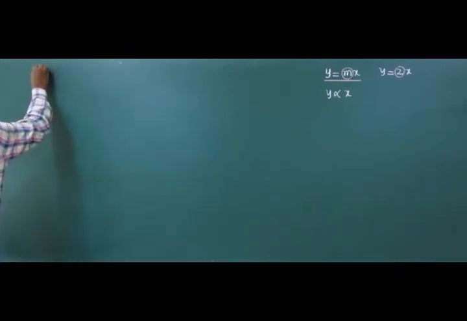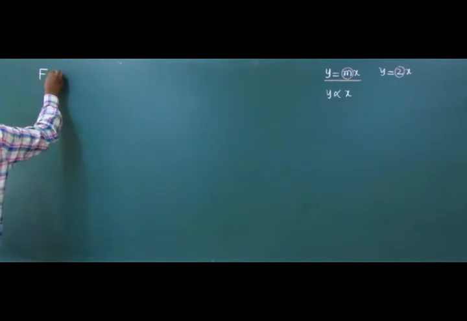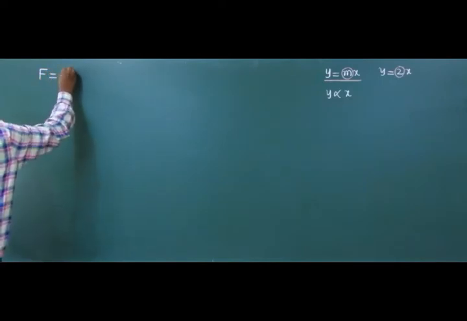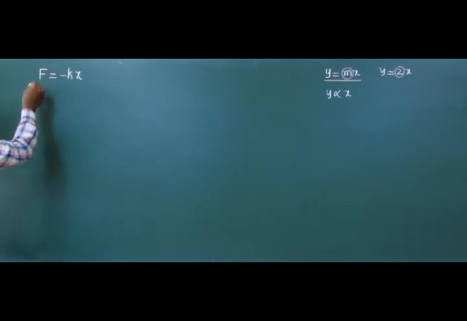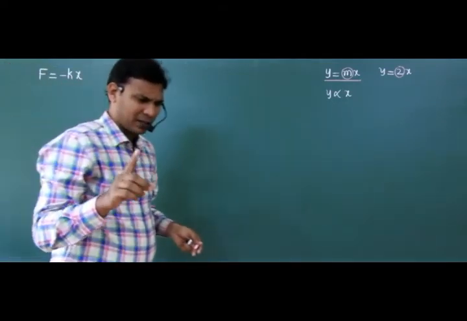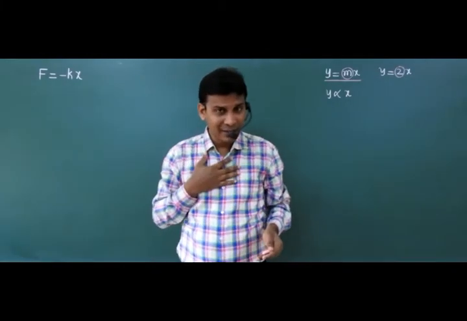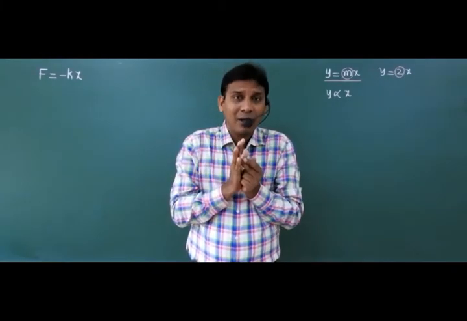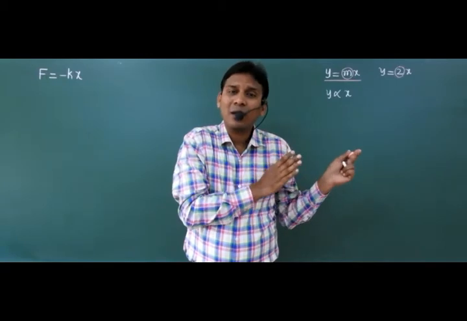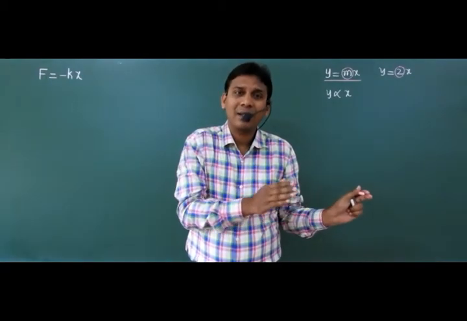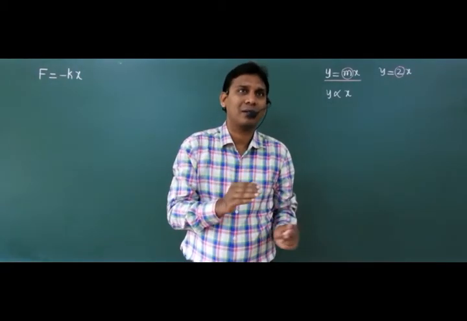So one more example here I will write. F is equal to minus kx. F is equal to minus kx. Sir, what is F? I told you already. Now we don't want to learn what F is or what x is. We just want to learn how to use y equal to mx in physics-based formulas.